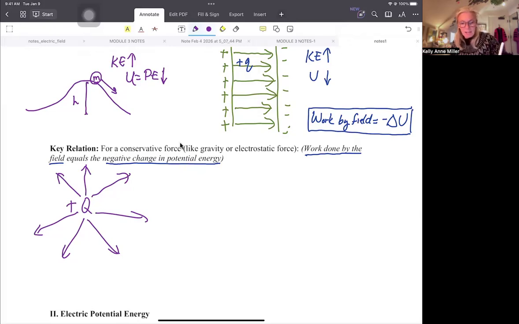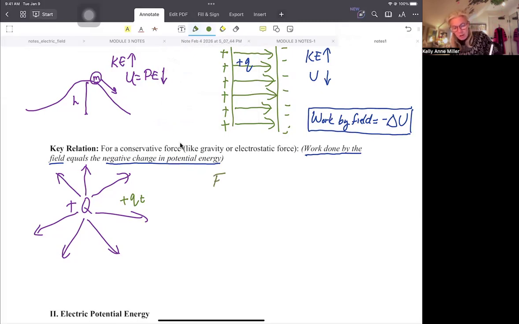Let's say I put a little test charge, a positive q, with T for test charge, there. And I want to know what the force of the electric field is on the test charge, or another way of saying that is, what is the force of big Q on little q.